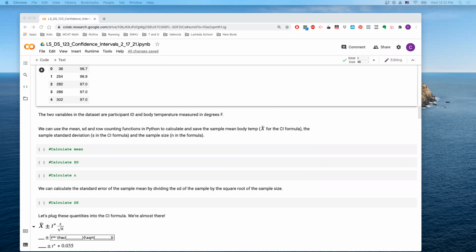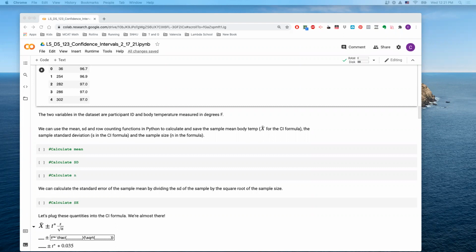So then, of course, the question becomes, well, what is it? This is the point where we decide what it is. The mean healthy human body temperature in the entire world is probably not exactly equal to the mean temperature we found in our sample, but it's probably pretty close.